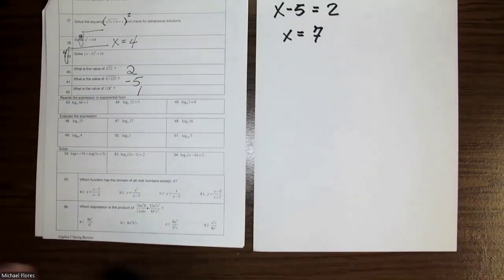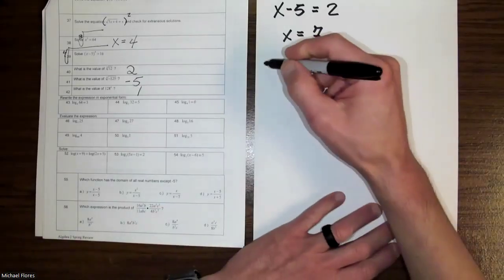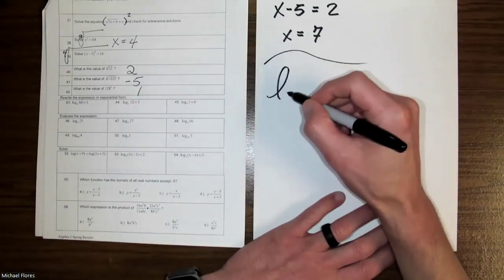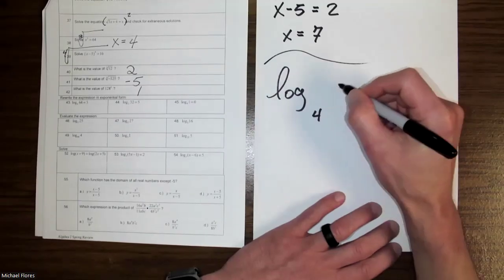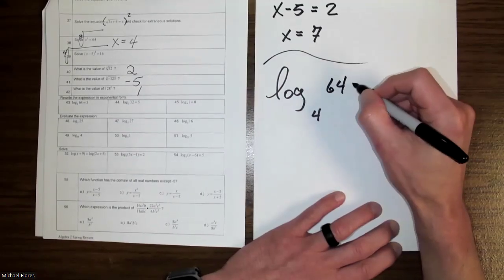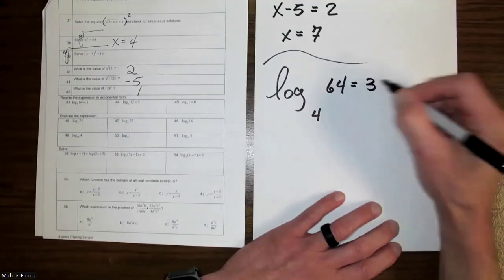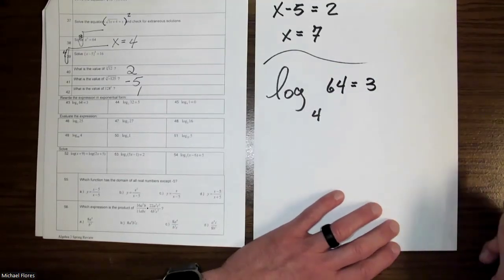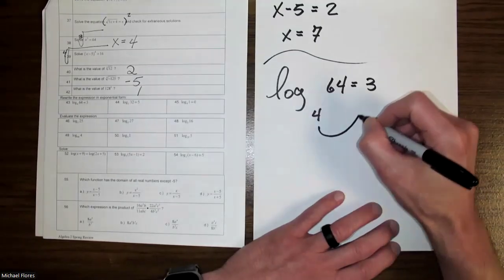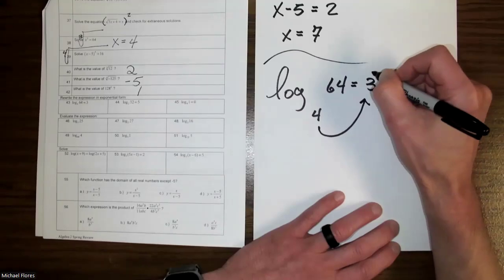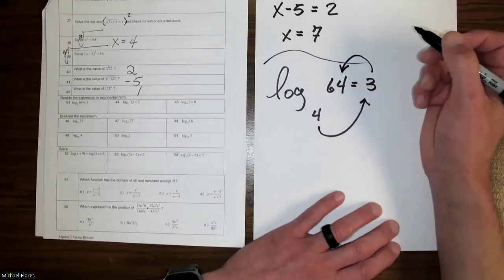43. Rewrite the expression in exponential form. So we have log base 4 of 64 equals 3. In order to convert to exponential, we're going to do this number raised to that number equals that number.